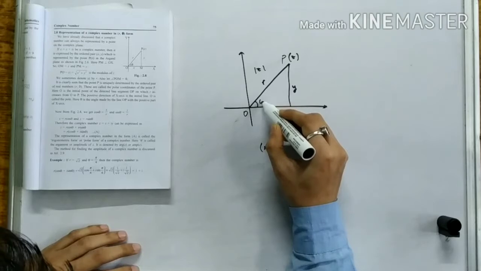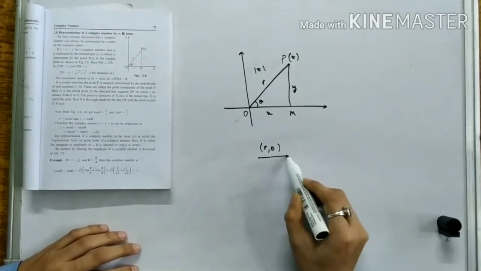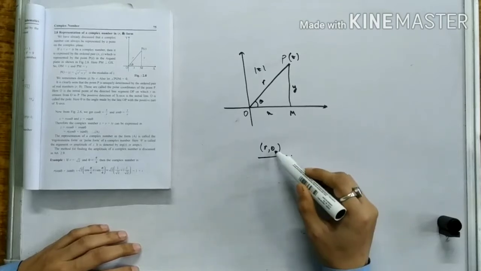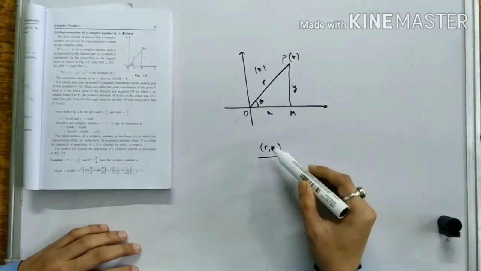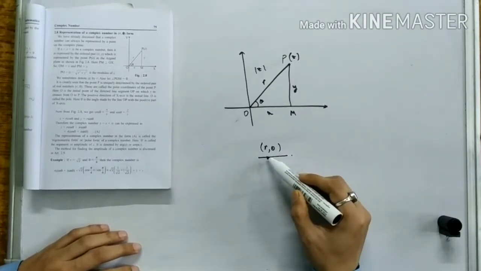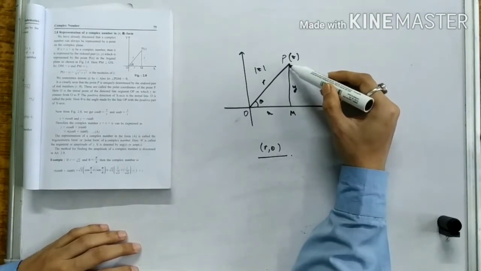This will be our theta. So these are called the polar coordinates of the point P. This (r, theta) is called the polar coordinate of this point.